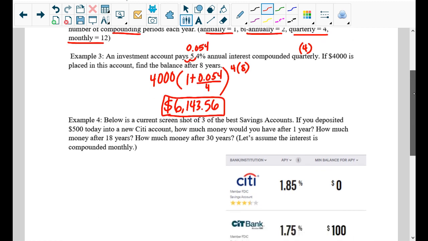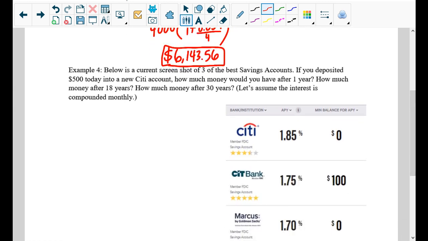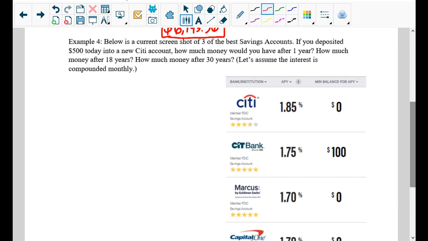Alright, so the last example here, we have a screenshot of savings accounts. Again, this is pretty high compared to today's time, but if you deposit 500 into a new city account, right here, there's our APY, annual percentage yield. So how much money would you have after 1 year? How much after 18 years? And how much after 30 years? So let's just set this equation up.